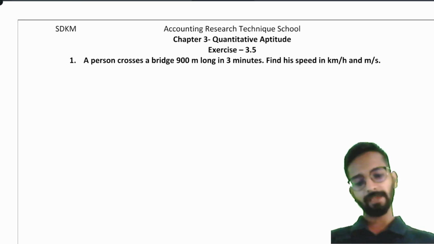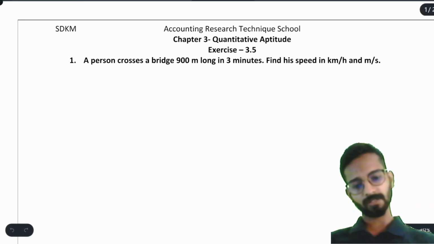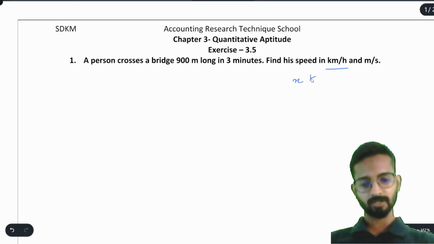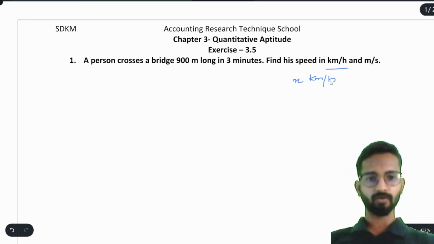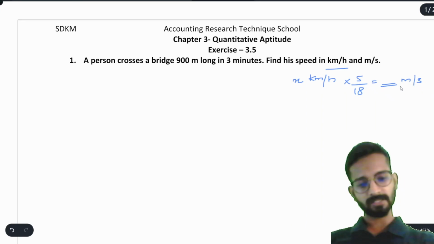Now see, exercise 3.5 question number 1 says, a person crosses a bridge 900 meters long in 3 minutes. Find his speed in kilometer per hour and meter per second. First thing we have to remember is, if you have been given any kind of speed in kilometer per hour, say it is given x kilometer per hour, now if you want to convert that into meter per second, you will multiply it by 5 by 18 and whatever result you get, this is your meter per second.